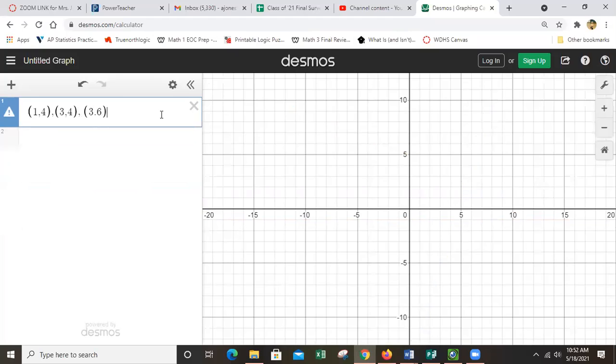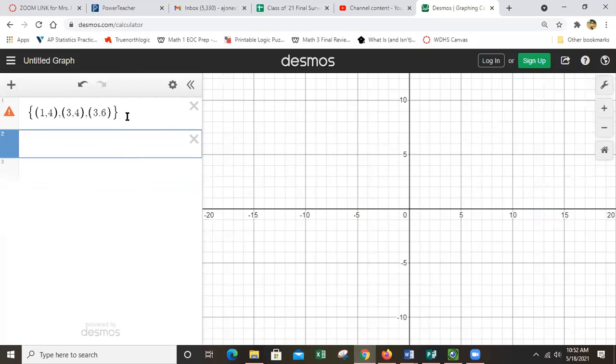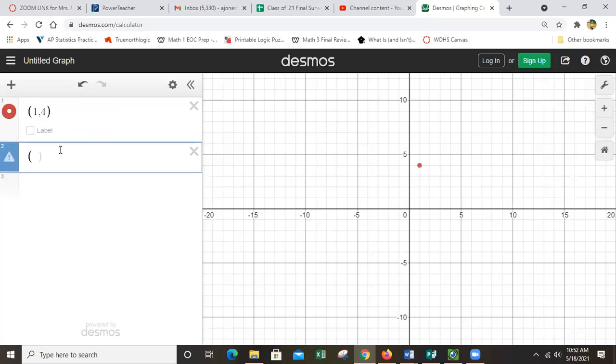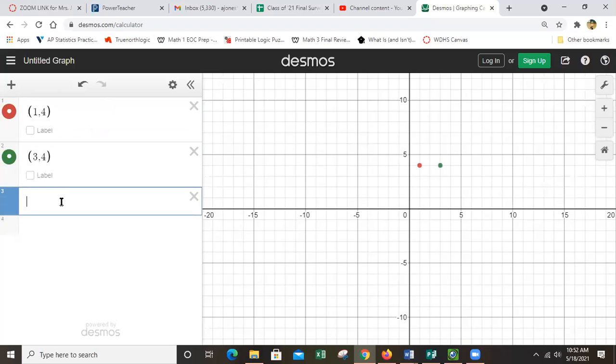So see how I separated them with commas, so it'll draw them. Where did they go? I think I put a space in here. Did the first one, didn't it? Let's do them all separate. 3, 4. Thank you.